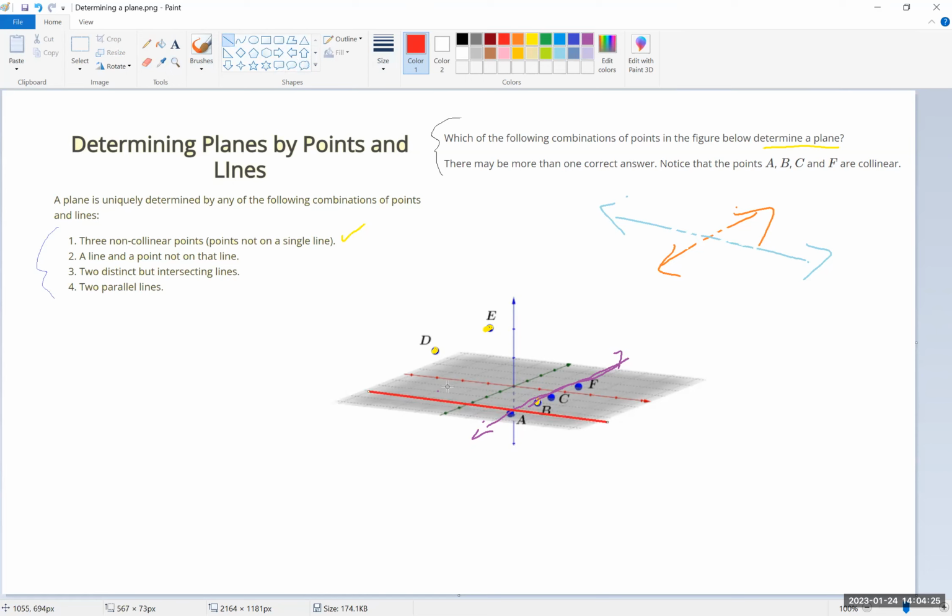Okay, so those two red lines would define that gray plane, but it could be a different set of parallel lines, you know, this one, and say this one. This could be L1, and this could be L2. So those are some things to think about while you're working in this section.